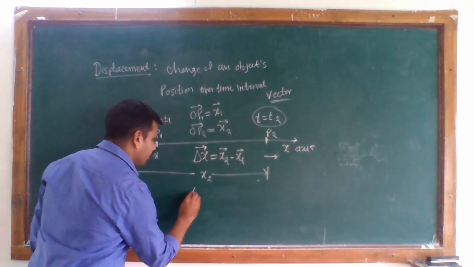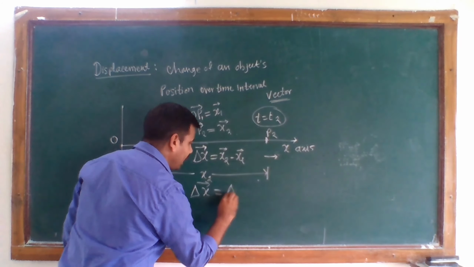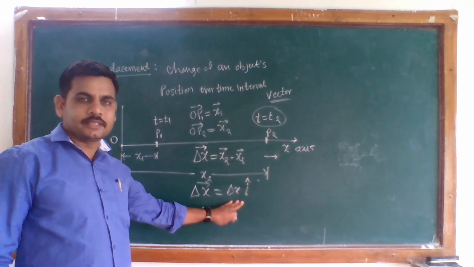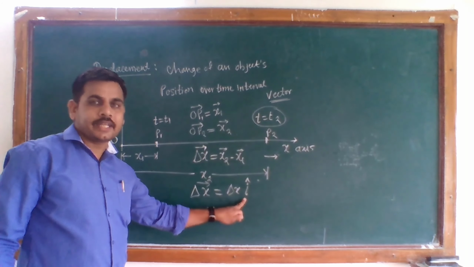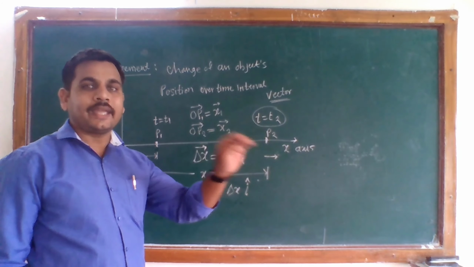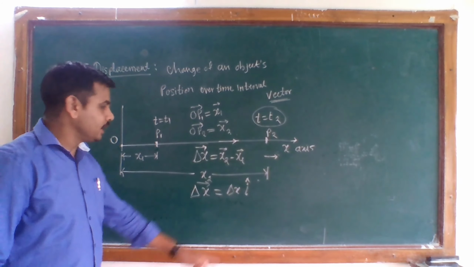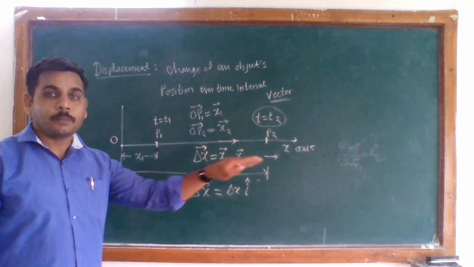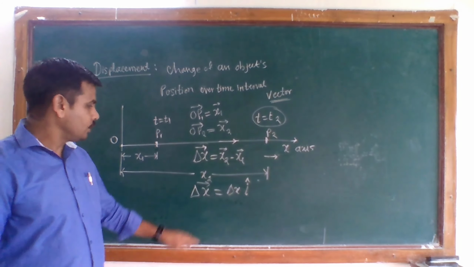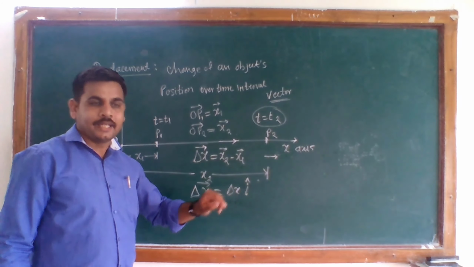So we can write delta x as delta x times i cap. Here, i cap represents that the car is moving along the x-axis, so it represents the direction of motion of the object.